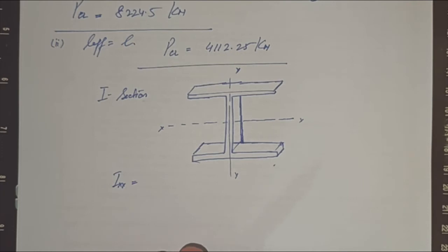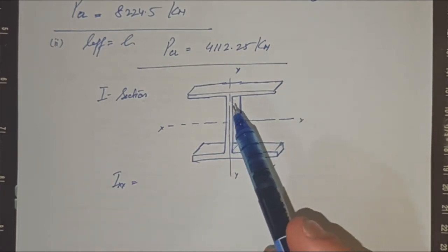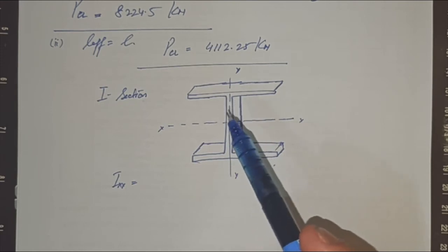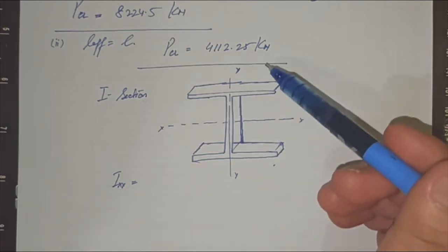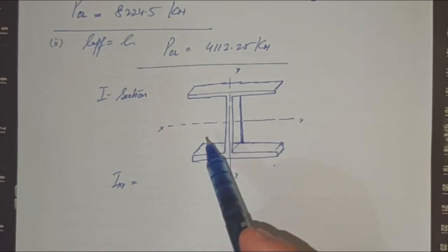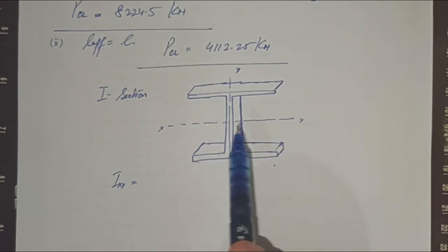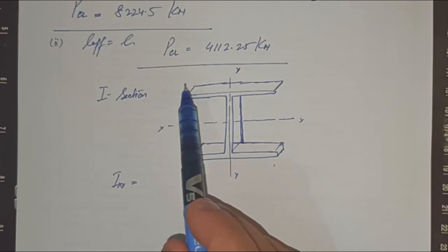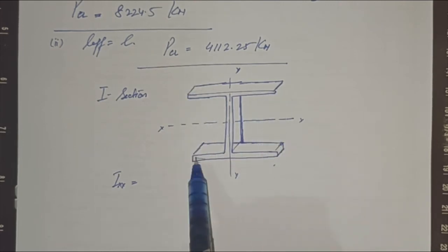Similarly, for the y direction, you find the moment of inertia for this one, along the thickness times that one, and then you add the moment of inertia of the two rectangles, this length times this rectangle.